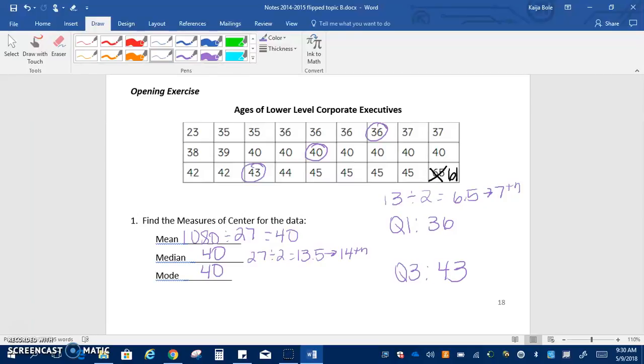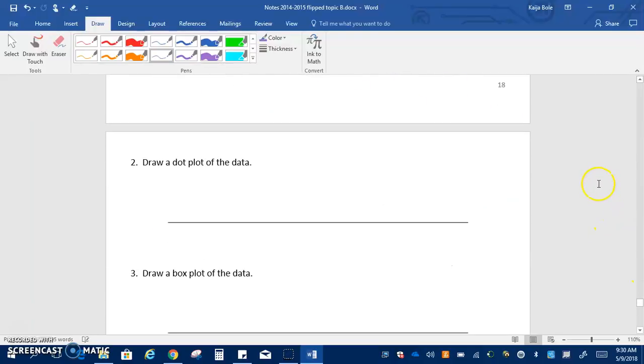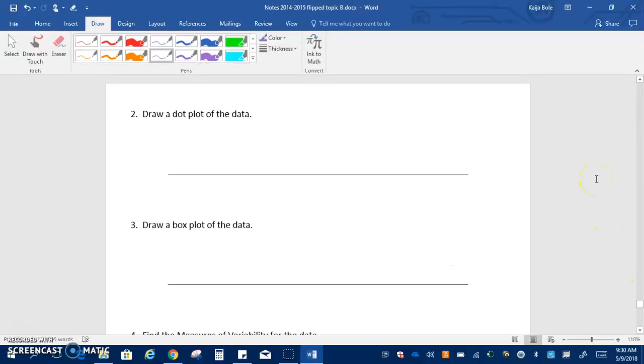Alright, so now we can go on to the next page, and it asks you to draw a dot plot of the data. If you look back at the table, we're just going to count by 5s, starting with 20. I knew I was missing something.